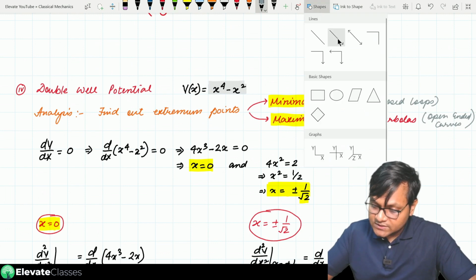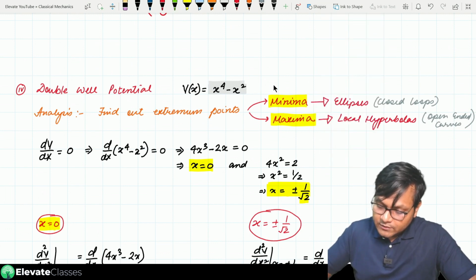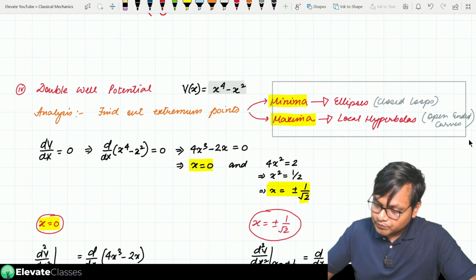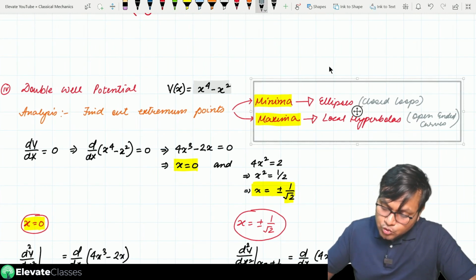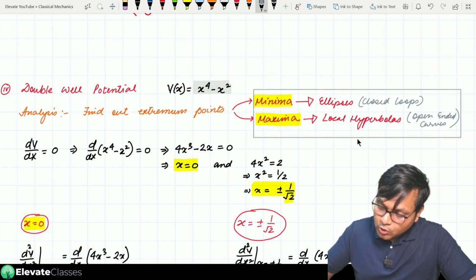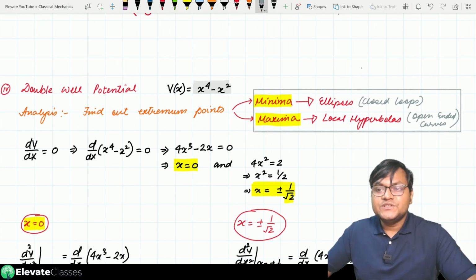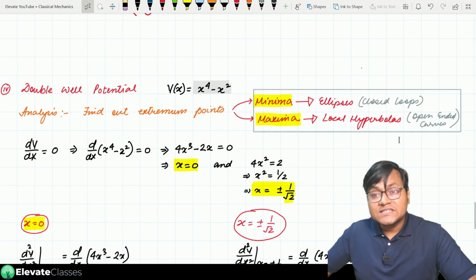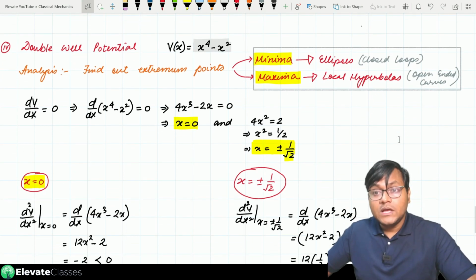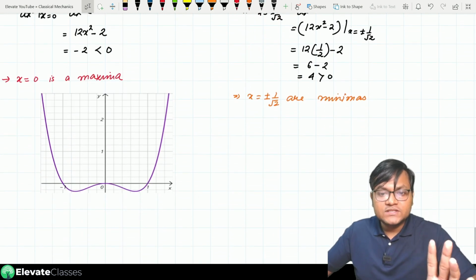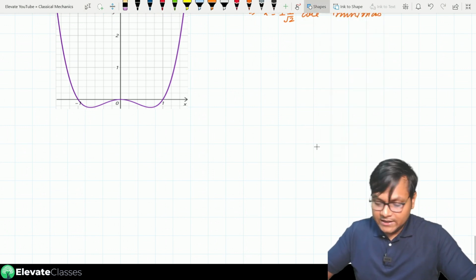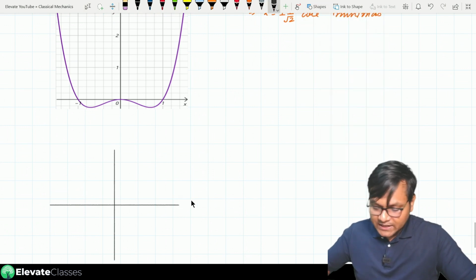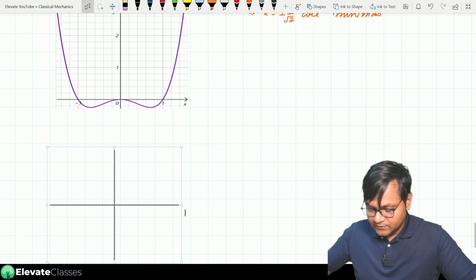If you get minimas, they are going to be closed loops looking like ellipses in that region. And if you get maximas, they are going to be open-ended curves looking like local hyperbolas. So based on this analysis, we can get an idea of what sort of diagram we can get. We'll get something interesting. Let me show you.